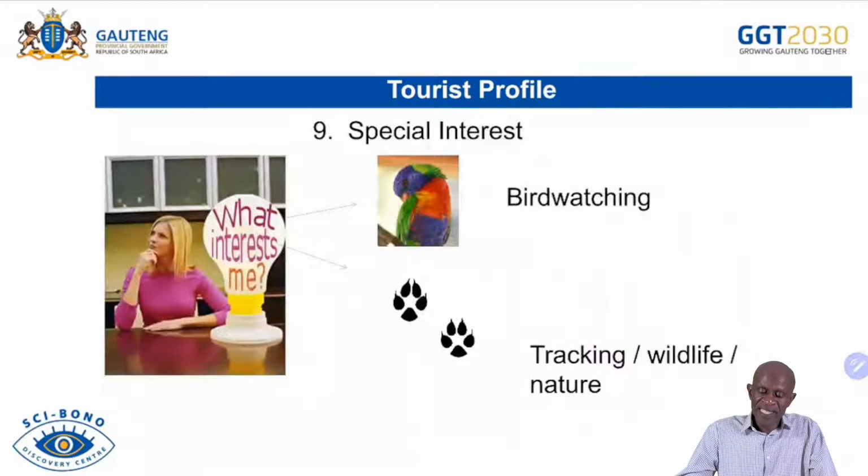A special interest also plays an important role in the tourist profile, because here you need activities that will suit your tourist. An example given in this slide would be whether a tourist is interested in bird watching, is interested in trekking, wildlife, or is interested in watching the beauty of nature.